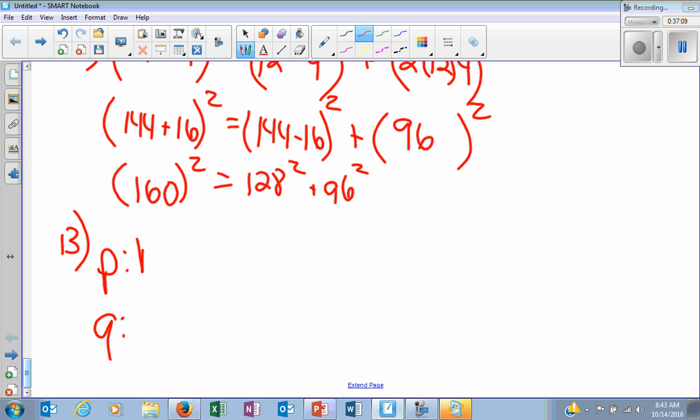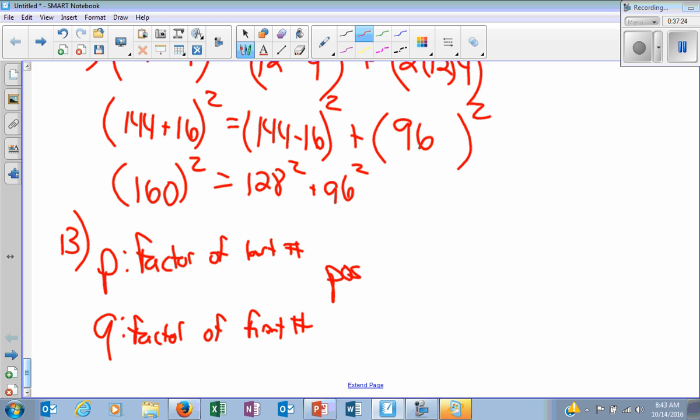P is the factors of the last number, Q is the factors of the first number, and then for my possibles, I take all my P's and divide them by all my Q's, plus or minus. Yes? Everybody remembers that theorem that we did? Huh? I really am going to review all of this. Good.